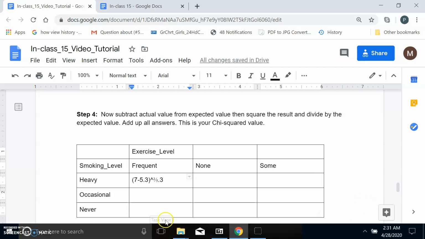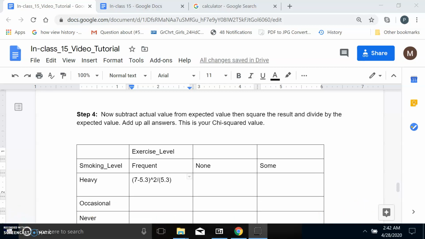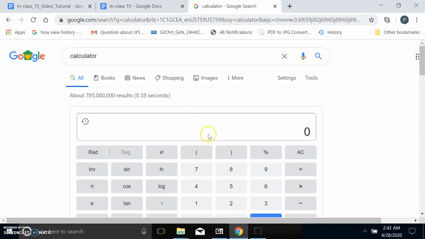Hold on a second. Okay, so let's compute this. Let's go to our calculator.